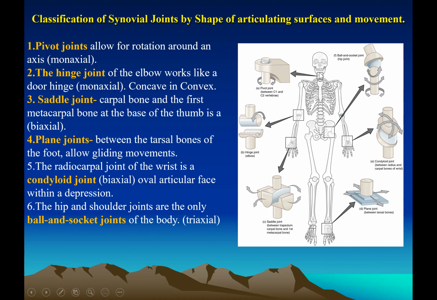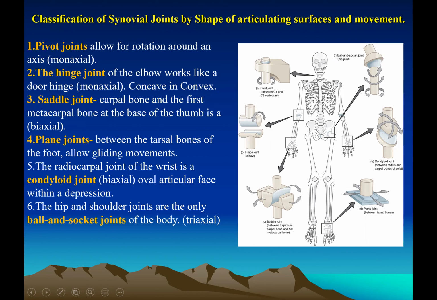This allows for rotation in one axis, monoaxial, so you are able to rotate your head. Hinge joint, a good example is your elbow. It works just like your door hinge. You open and close. Here you can see a concave surface articulating with a convex surface.